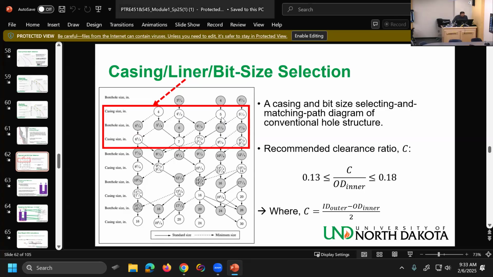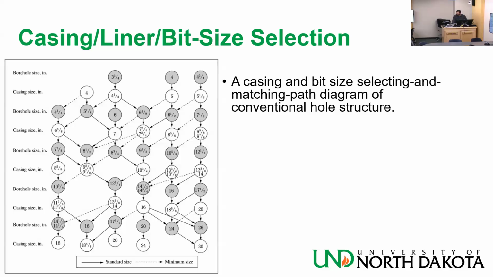And we have this kind of diagram which basically tells us, okay, if I'm at 4, I can run it through 5. And the 5, I can run it through 6 1/8, ideally 6.5. Dotted line is possible, solid line is recommended. It goes on like this.